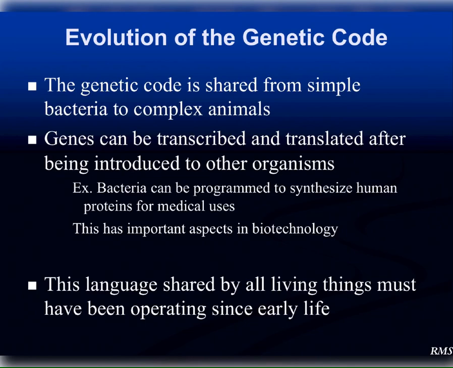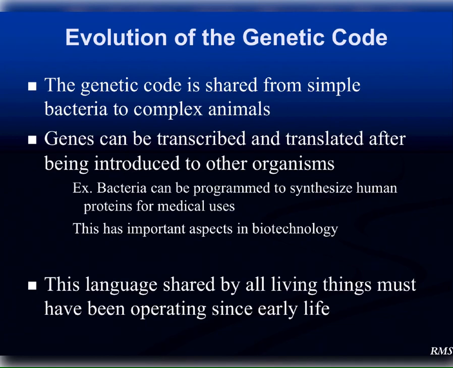That language that I just showed you is shared by all living things, and it's been operating since early life. Once again, you can take a gene, put it in any other organism, and make them do what it says, and that's the basis of what genetically modified organisms are. We can grow crops that are resistant to disease.